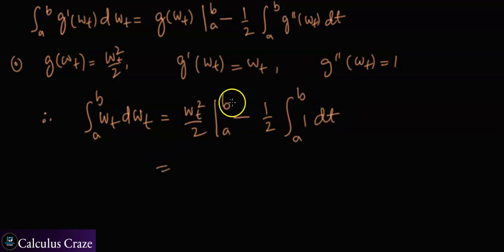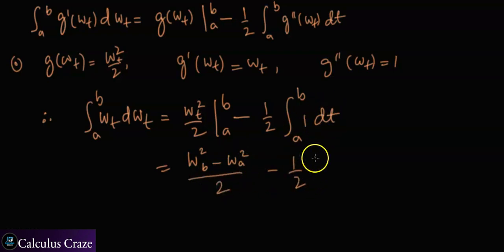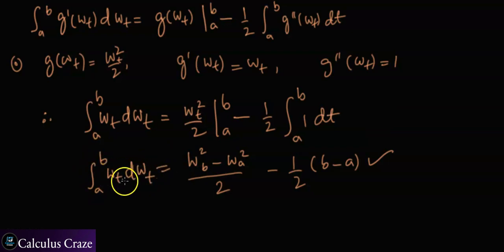Then you just need to put these limits: w sub b square minus w sub a square divided by 2, minus 1/2 times this integral, which is b minus a, because it is from calculus 1. So that's the stochastic integral of w with respect to Brownian.